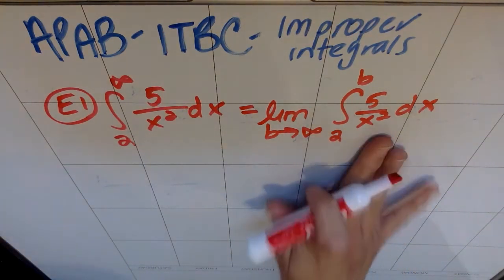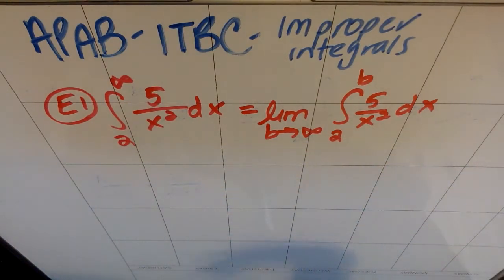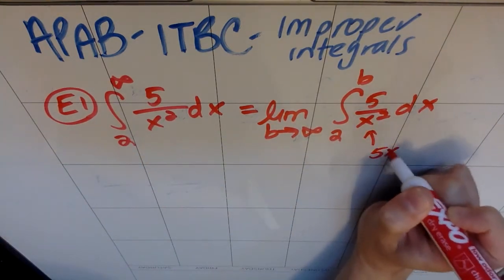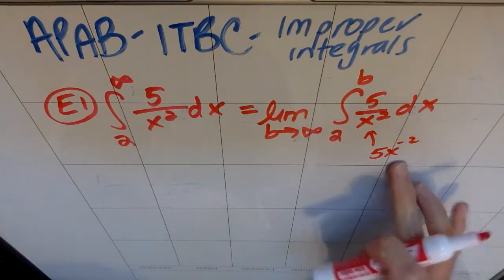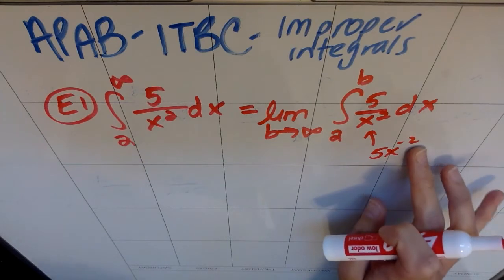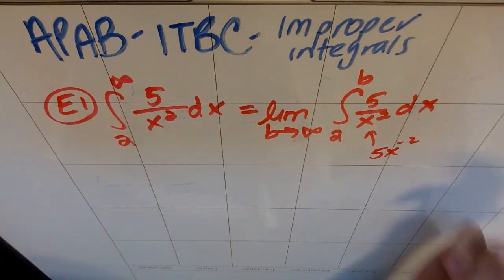So I'm going to go ahead and integrate this the same way I would normally integrate it. Now, the only difference is that when I go to plug in my bounds, I'm going to have something infinite to plug in. Okay, so this is actually 5x to the negative second, right? So by the power rule, when I integrate it, I up the power by 1, meaning the power will now be negative 1, because that's 1 more than negative 2, and divide by the new power. So essentially, I'm going to get negative 5 over x.